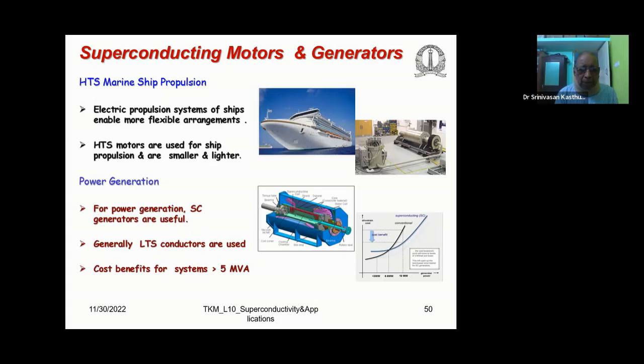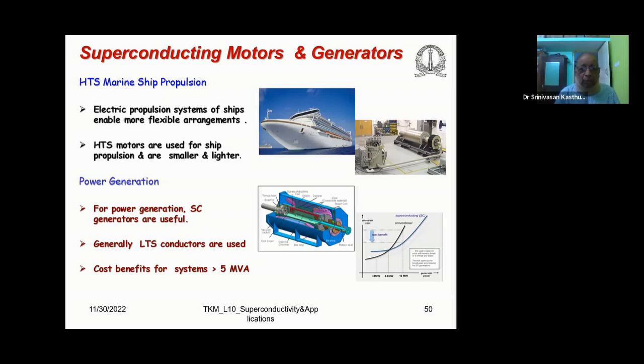In the power generation sector, superconducting generators are useful. Normally the central core, which is the rotor, is generally made of low temperature superconducting conductors. The cost benefit for such systems will be there only if your overall power generation is greater than 5 MVA.